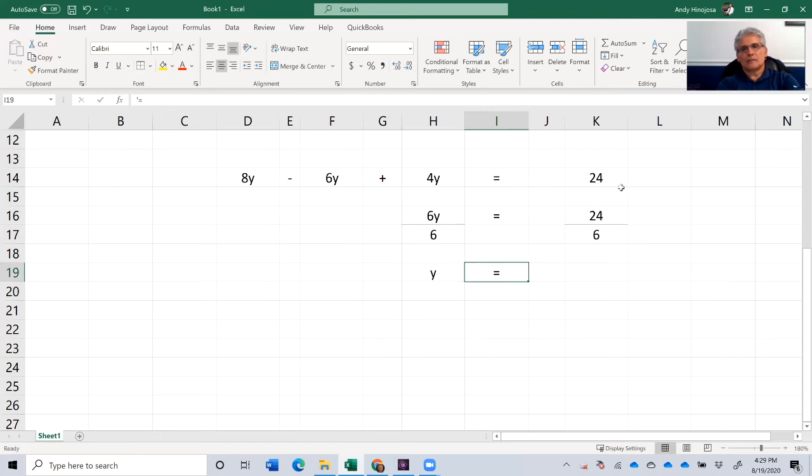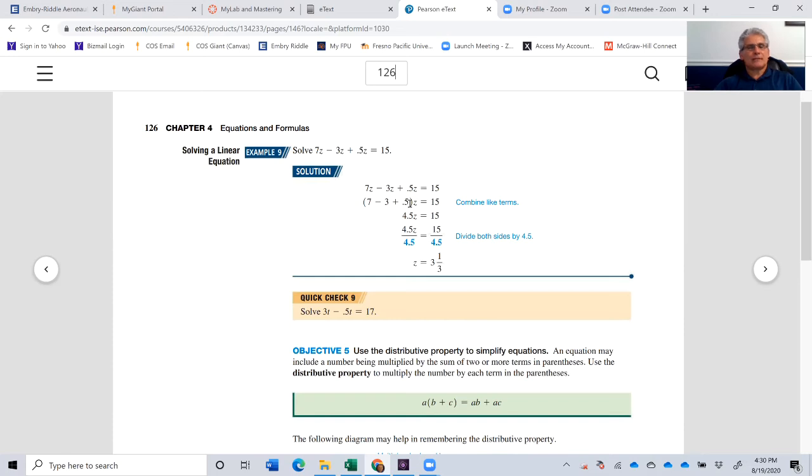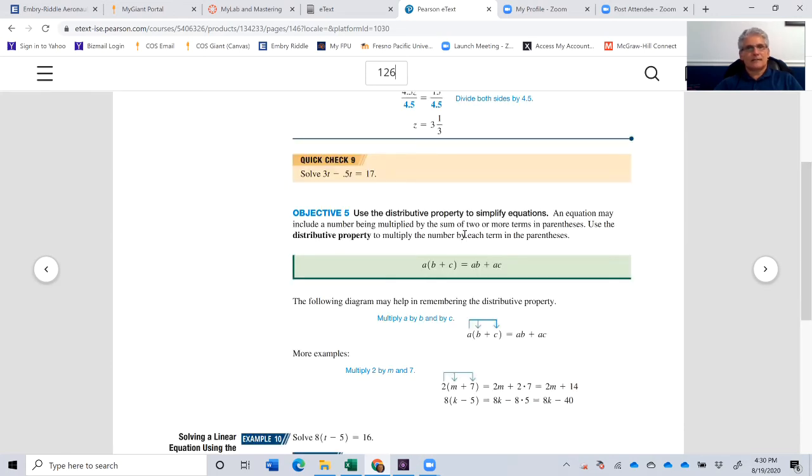Y equals what? 24 divided by 6 equals 4. So the solution to this equation, y equals 4. Example number 9 is very similar to example number 8. It does throw in a decimal point, but for the most part, it will be solved exactly like it was before. So you should be able to figure that one out.